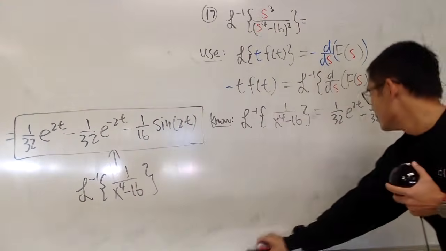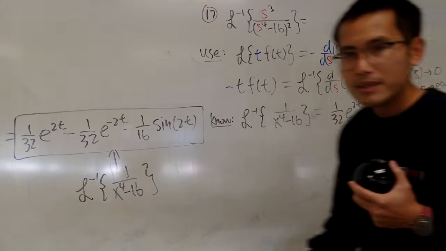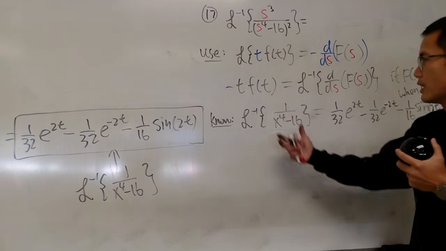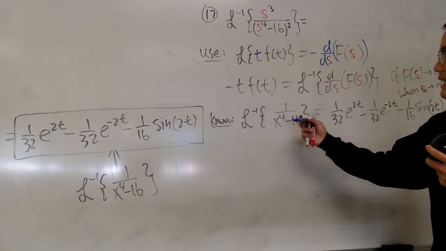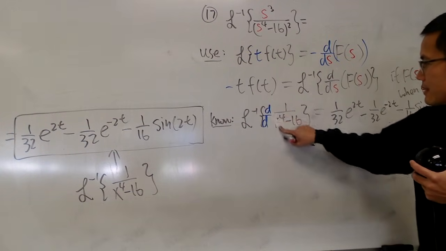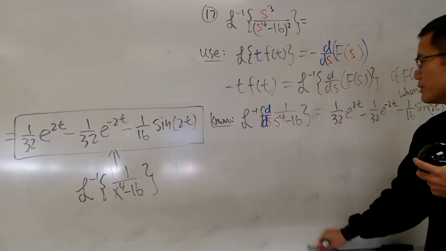Okay, let me just see if I can write this down better. Better, maybe. Okay. All right, now what I'm going to do is, for the inside, I'm just going to differentiate this. Oops, not x, s. I'm going to differentiate this with respect to s.